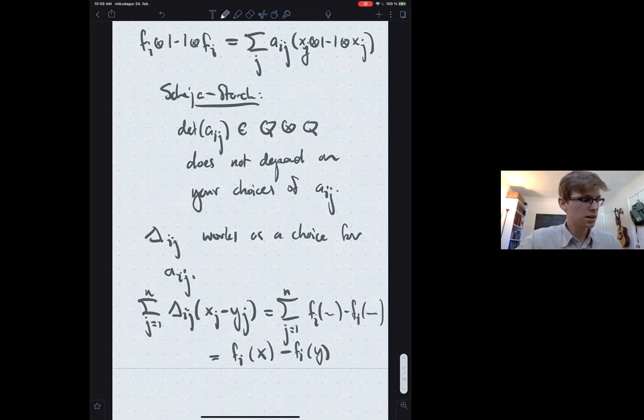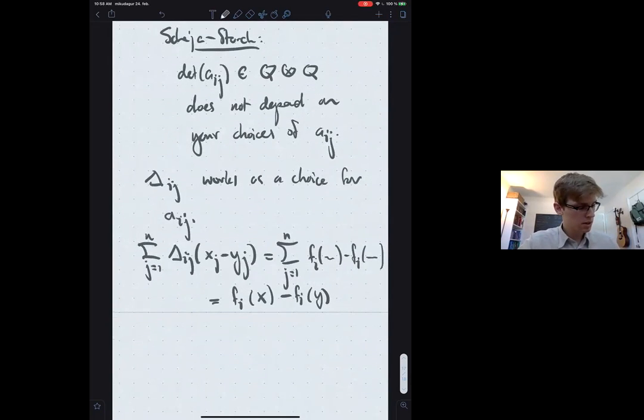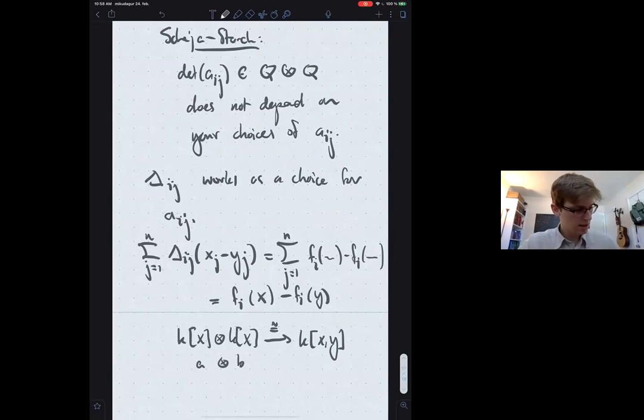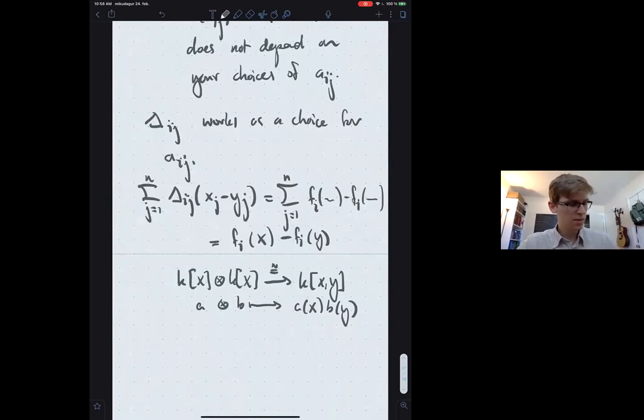And so using the isomorphism between the tensor and the polynomial ring in two variables, you can really go between these by sending a tensor b to a of x, b of y, and you send these xi's to xi tensor 1 and the yi's to 1 tensor xi.